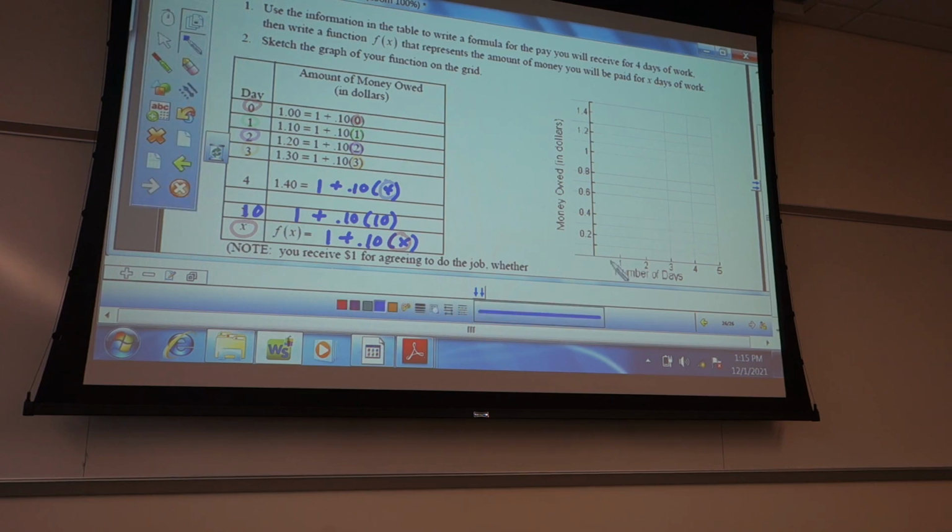So after 1 day, how much money do I have? Well, after 0 days, I have how many? $1. After 1 day, how much do I have? Deja, how much would I have after a day? $1.10. So $1, 1.1. Right there.